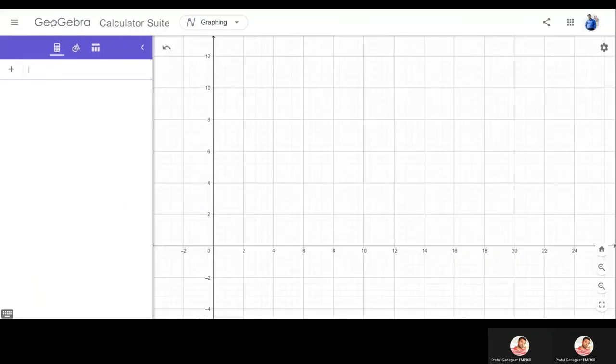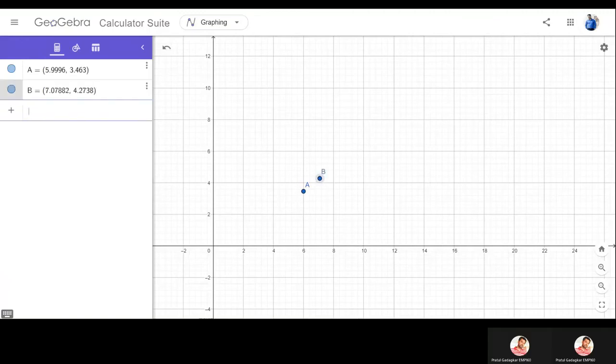These are the 5 points that will be plotted using GeoGebra now. So we enter the points now. The first point was 5.9996, comma, 3.4630. The second point is 7.07882, 4.2738, the second point of the hyperbola. The third point is 8.4050, comma, 5.2337.